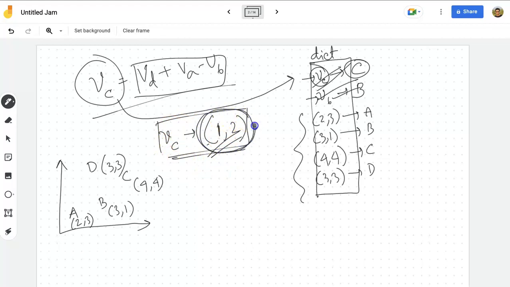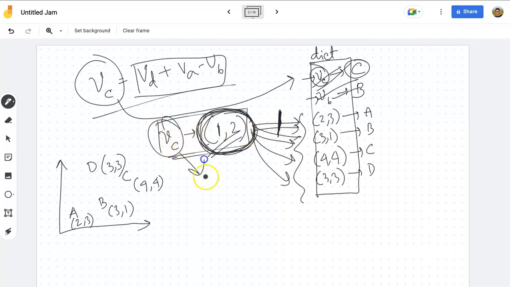If the dictionary already has multiple embeddings, we find the distance from all of them, and whichever embedding gives the smallest distance will be our correct answer. Suppose this one gives the smallest distance, then maybe A is the answer.